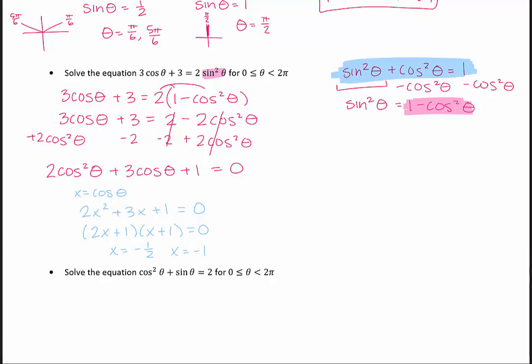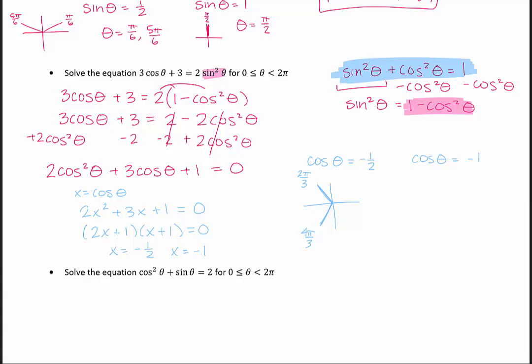So what we're looking at now is when the cosine of theta is equal to negative 1/2 and when cosine of theta is equal to negative 1. Cosine is negative in quadrants 2 and 3, and so I know that's going to happen at 2 pi over 3 and 4 pi over 3. Those are the only places where cosine is negative, between 0 and 2 pi.